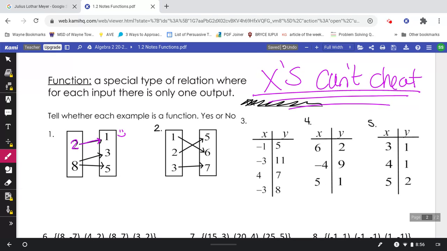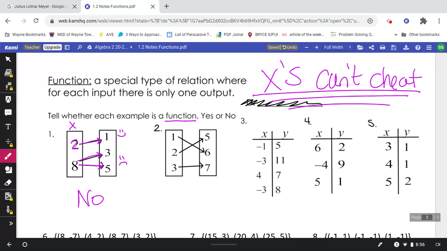But then look at 8 down here. 8 is seeing 3 on the weekends and then seeing 5 during the week. That is not okay. This is the X value and X's are not allowed to cheat. And right now, X, the 8, is cheating. It's paired up with 3 and it's paired up with 5. So we say, is that a functioning relationship? Well, no, because the X is cheating.